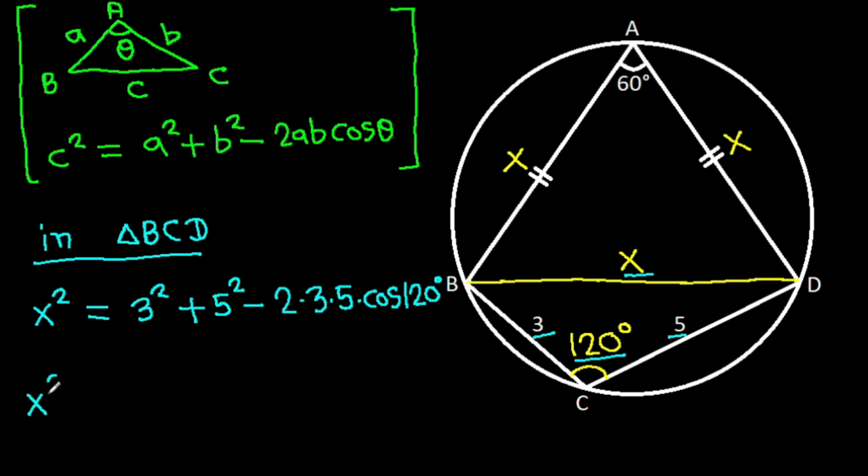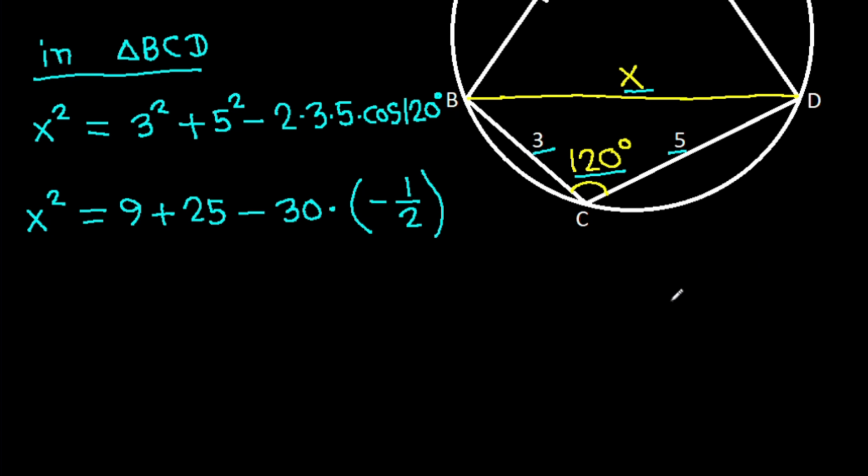And X square is equal to 9 plus 25 minus 2 times 3 times 5 is 30 and cos 120 degrees is minus 1 over 2. Minus times minus will be plus, and 2 times 15 is 30.